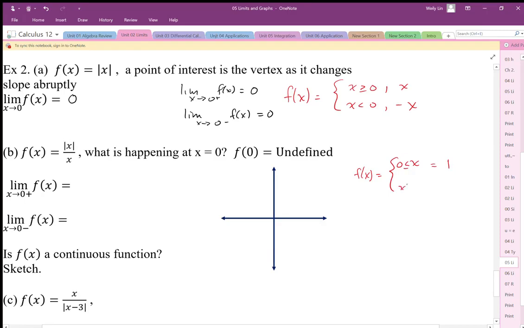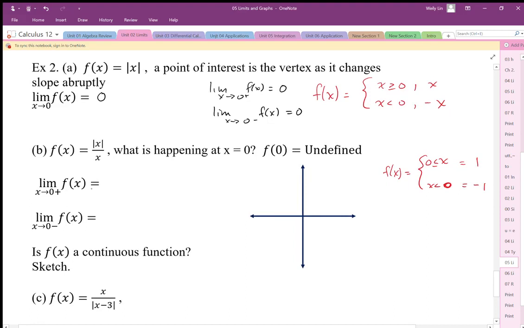What about x less than 0? Well, it's going to be negative x divided by x, or for example, negative 2 is going to be positive 2 divided by negative 2, which is negative 1. Negative 3 becomes positive 3 divided by negative 3, which is negative 1. So from the left-hand side, it's equal to negative 1.